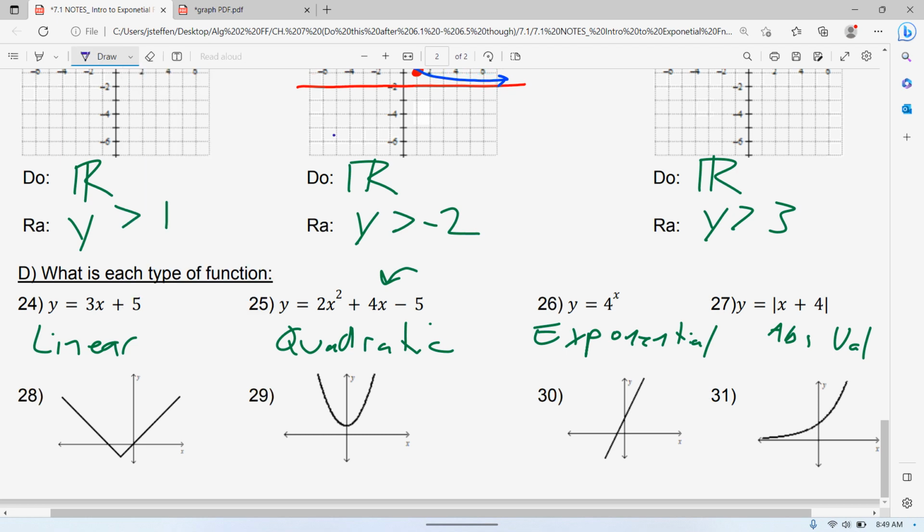Could be wrong, but I think it's even when you look at the graph. It's a V-shaped graph, so it's absolute value. Quadratic. Exponential growth is an exponential.